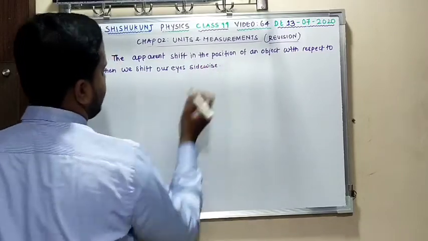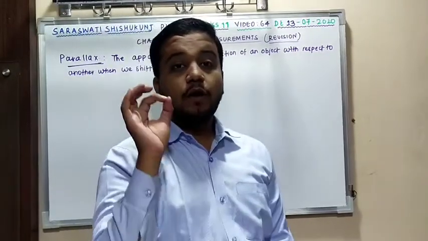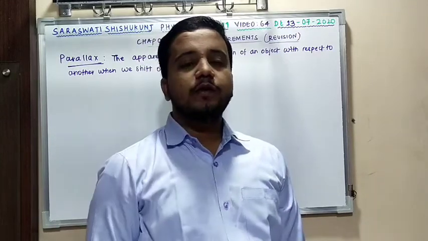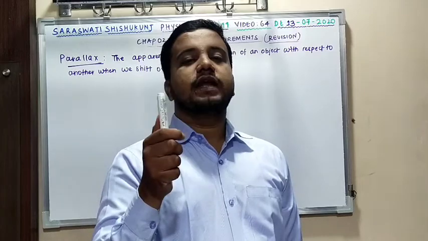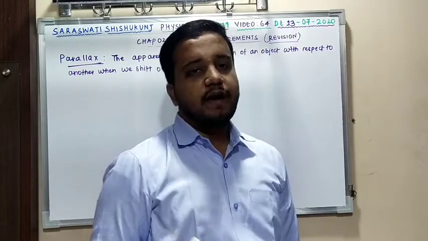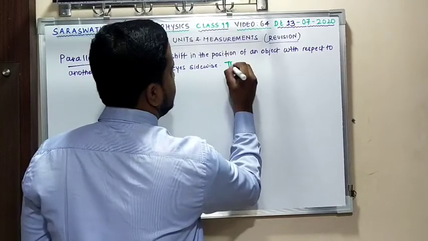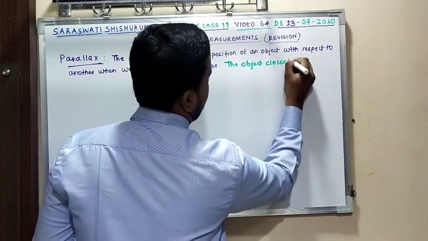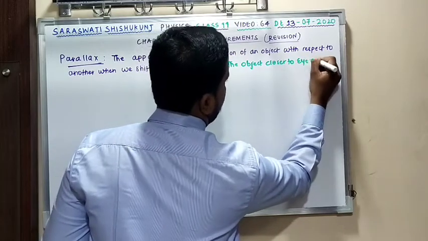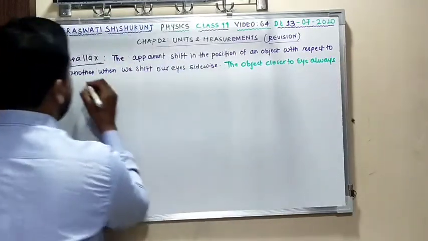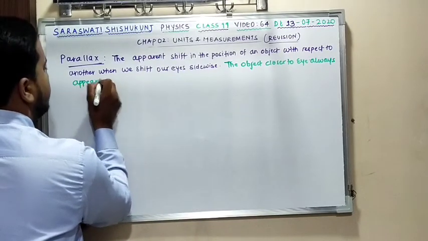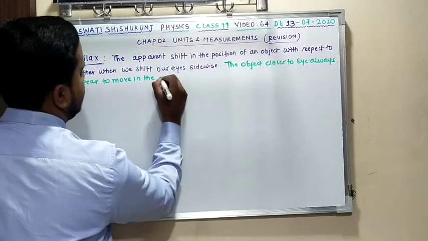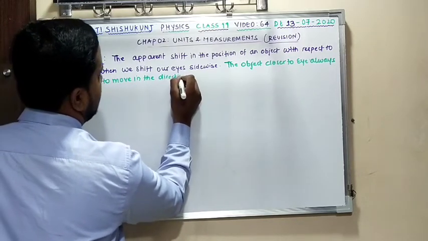Here the object closer to the eye will always appear to move in a direction opposite to our eyes. If your object is situated nearer to the eye, you will always observe that your object moves in a direction opposite to the movement of your eye. So I can write, the object closer to the eye always appears to move in the direction opposite to our eyes.